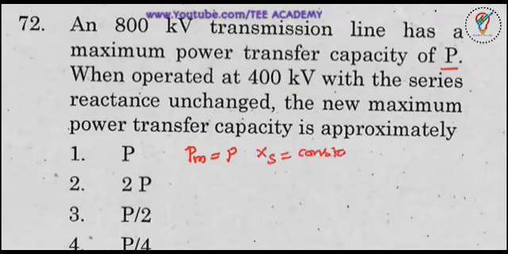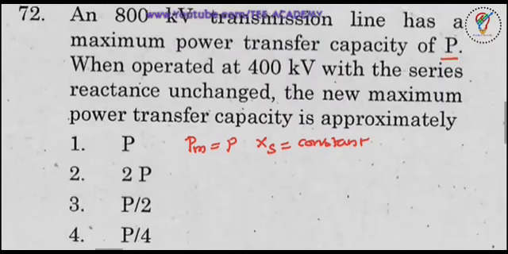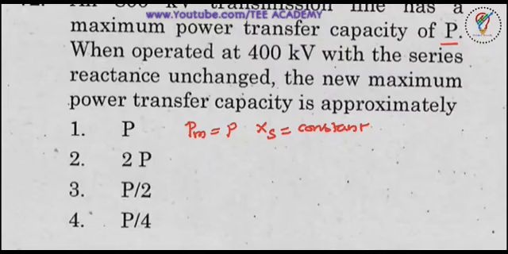The new maximum power transfer capability is approximately, the basic formula here, as you know, P is equal to EV by X into sin delta.